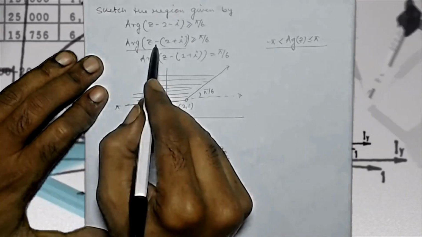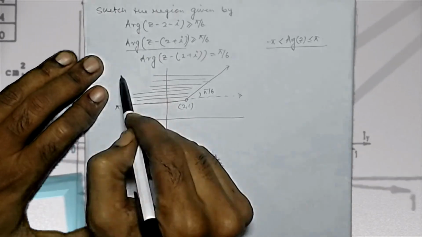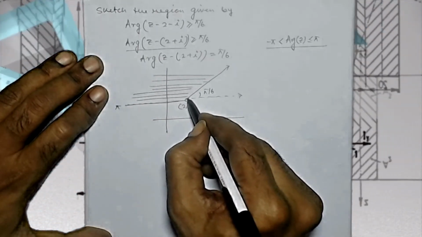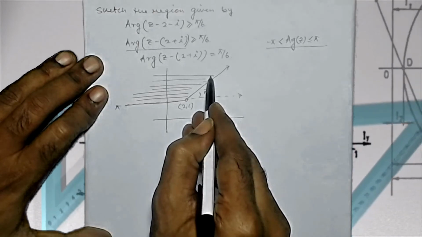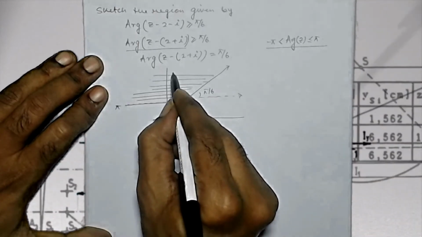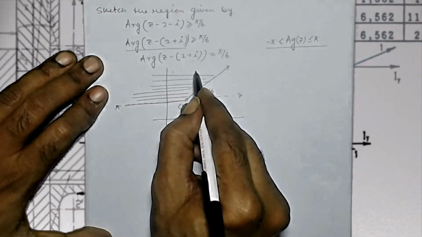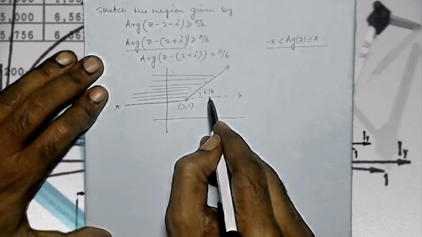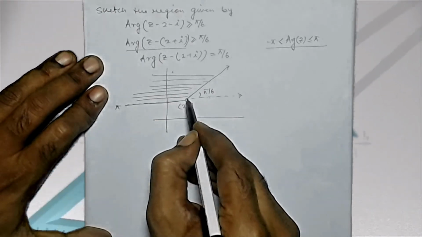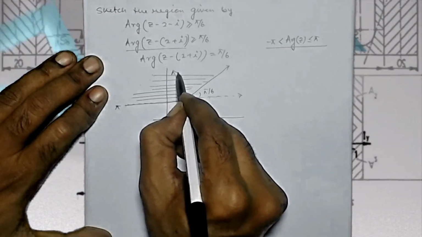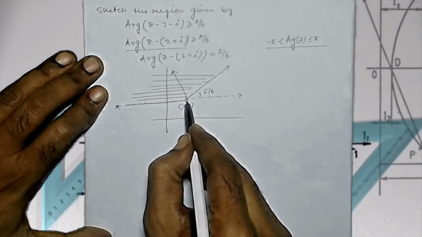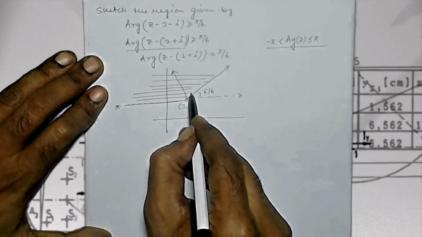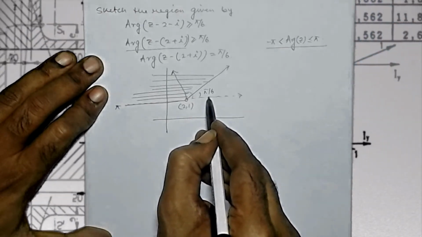What I want to say is that the complex number z on the Argand plane can be anywhere on this line or in this region, because anywhere the point z is considered in this region, the argument will be more than pi by 6. If the point is here, then the ray will emanate from the point 2, 1, but the argument will be this angle, which is more than pi by 6.